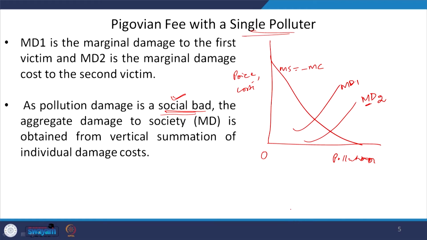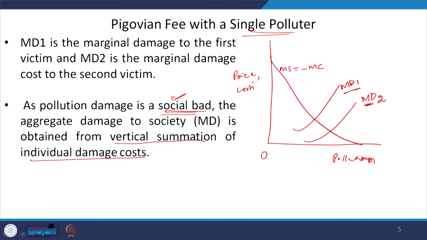The aggregate damage that we are finding from the action of the polluter can be obtained by the vertical summation of the individual damage costs.